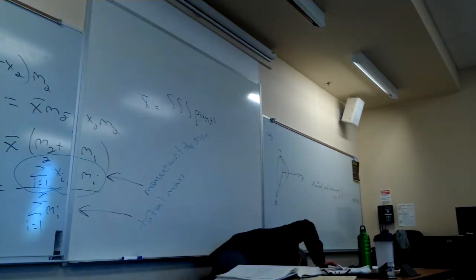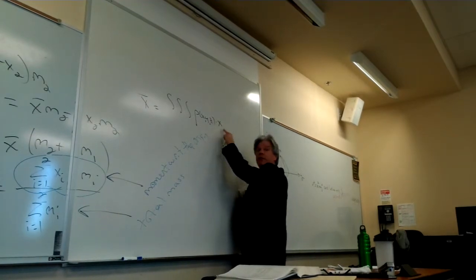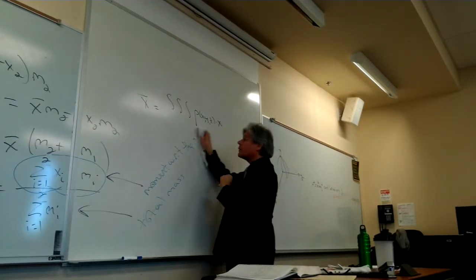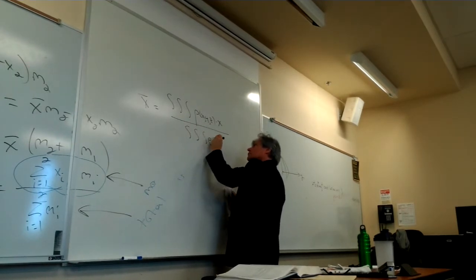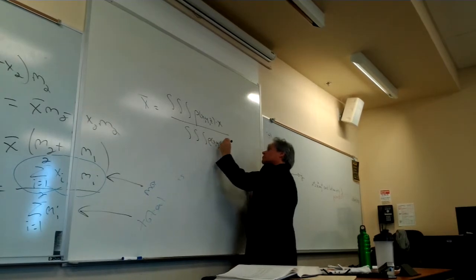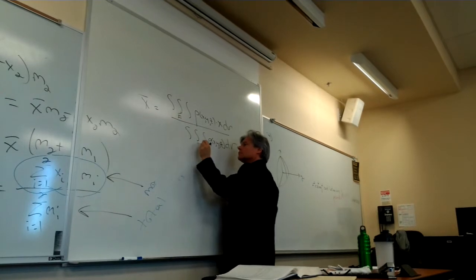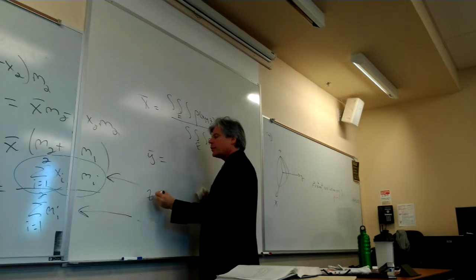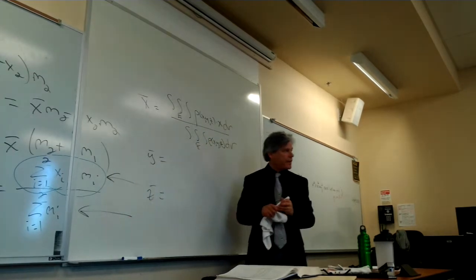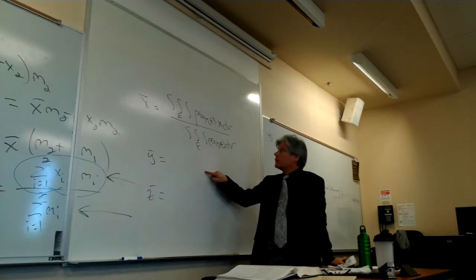Technically speaking, that's my density function times how far I am away from the yz coordinate plane, divided by total mass. And I'm going to compute y bar and z bar just the same. It's just that with respect to the xz coordinate plane, I've got to factor how far I am from the xz coordinate plane, which is the variable y.